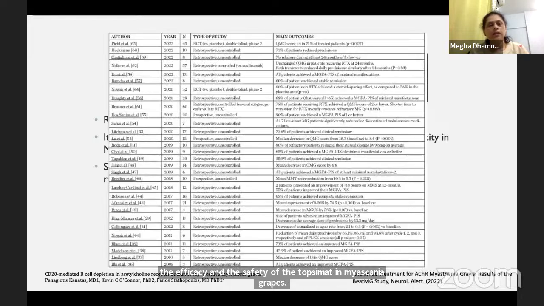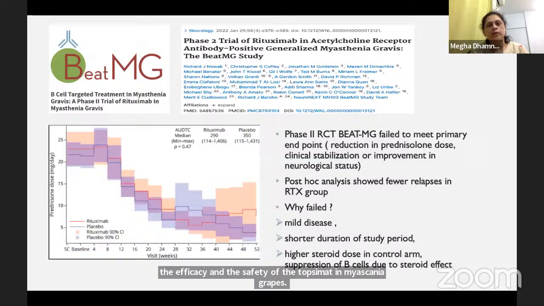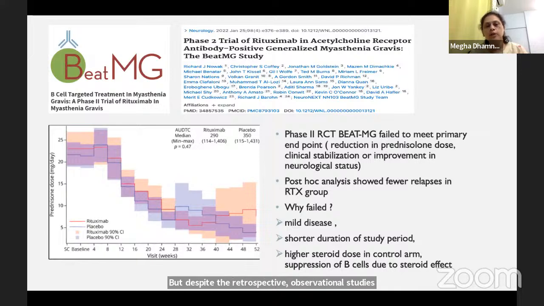And after that, there was the BEAT-MG trial, which was a phase 2 trial in acetylcholine receptor antibody positive generalized myasthenia gravis. But despite the retrospective observational studies which proved its efficacy, this well-designed trial failed to meet the primary endpoint.